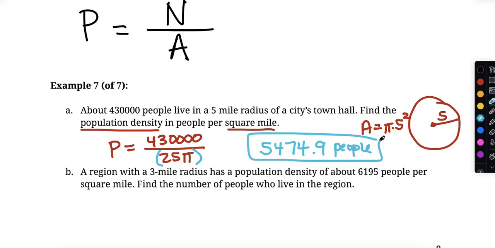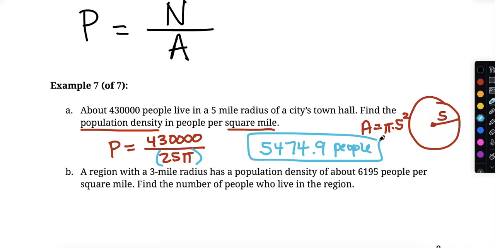Or you want to divide by that 25, press enter, then divide by pi. If you just do 430,000 divided by 25 pi, your calculator is not that smart. It actually comes up with a number that is much bigger because it divides by 25, but then multiplies by pi, which is not what we want to have happen.